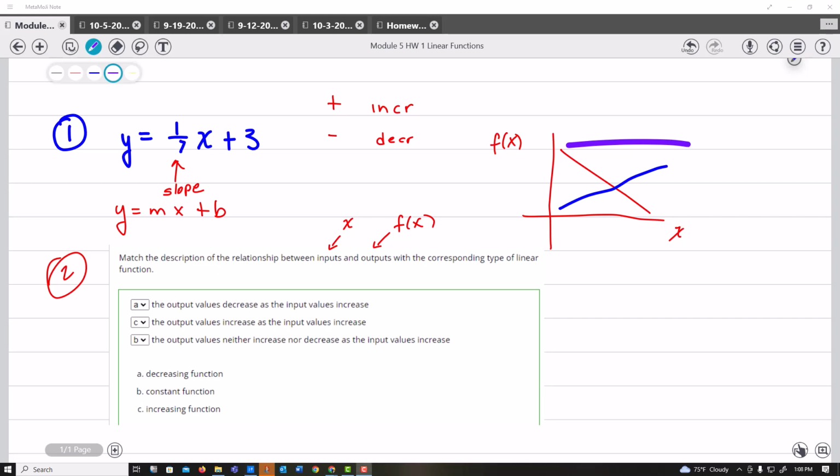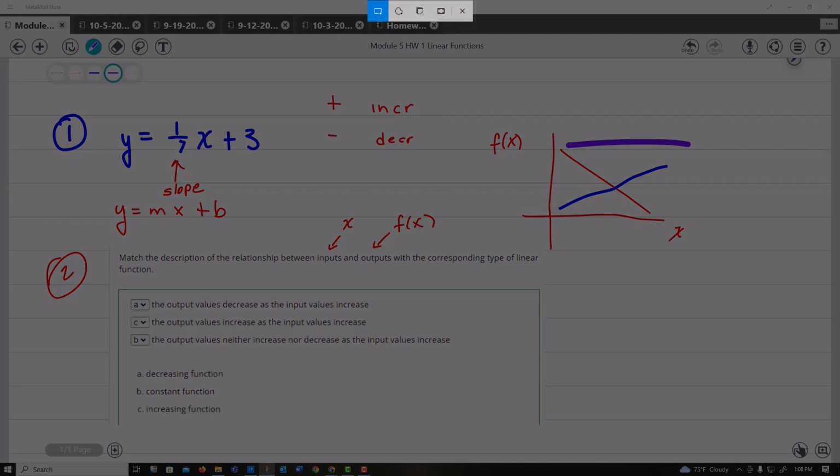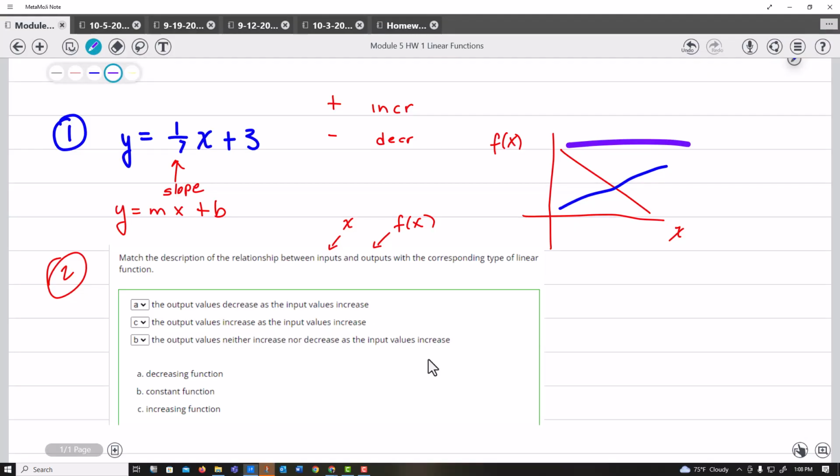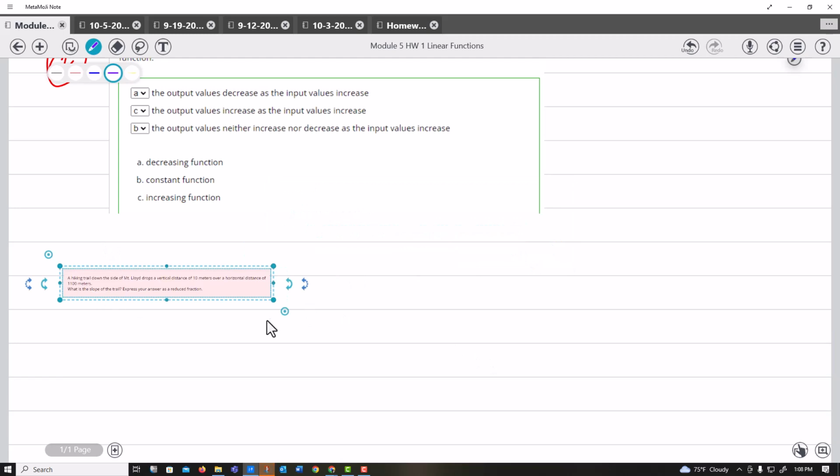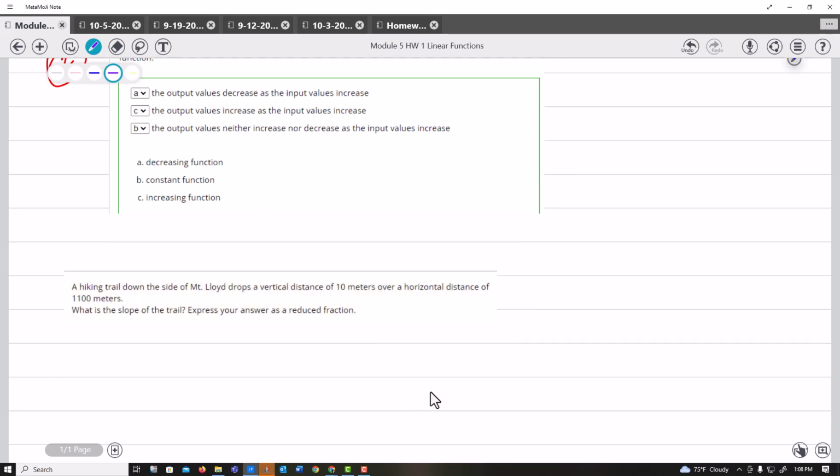All right, I'm just looking through some of the questions. Question 5, I can grab some of these. This is question number 5, a word problem. It says a hiking trail down the side of Mount Lloyd drops at a vertical distance of 10 meters.